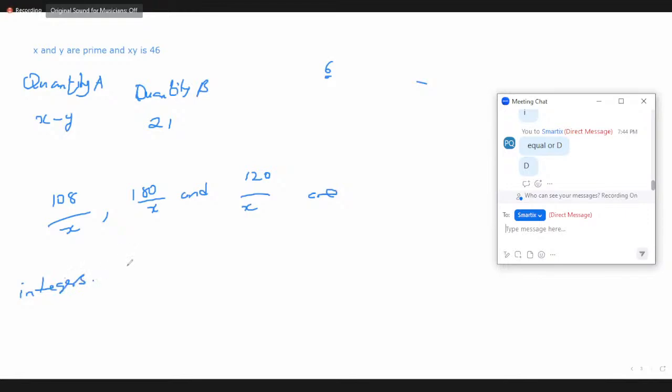What's the highest possible value of X? You can continue the question. What's the highest possible value of X? So this is essentially asking you to find the HCF.